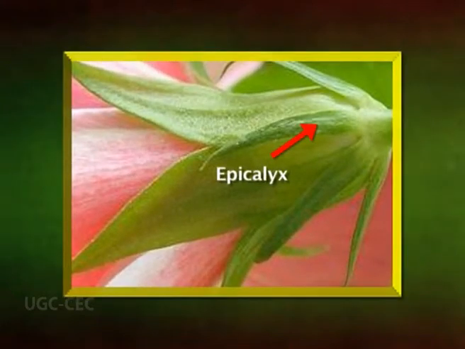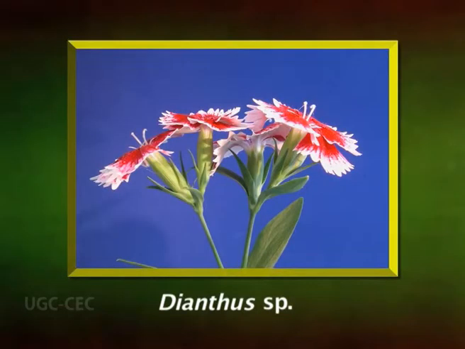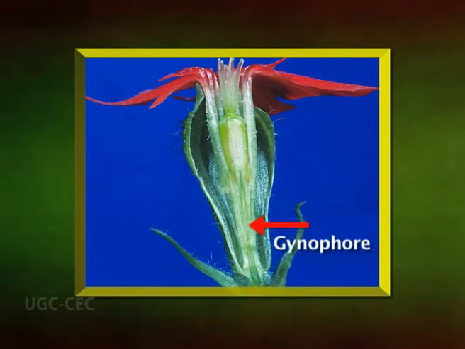Epicalyx, which is a whorl of small bracts at the base of certain flowers resembling an extra outer calyx, is occasionally present in Caryophyllaceous members, as we can see in Dianthus. Floral receptacle often develops into a gynophore, which is a prolongation of the receptacle with the gynoecium at its apex.